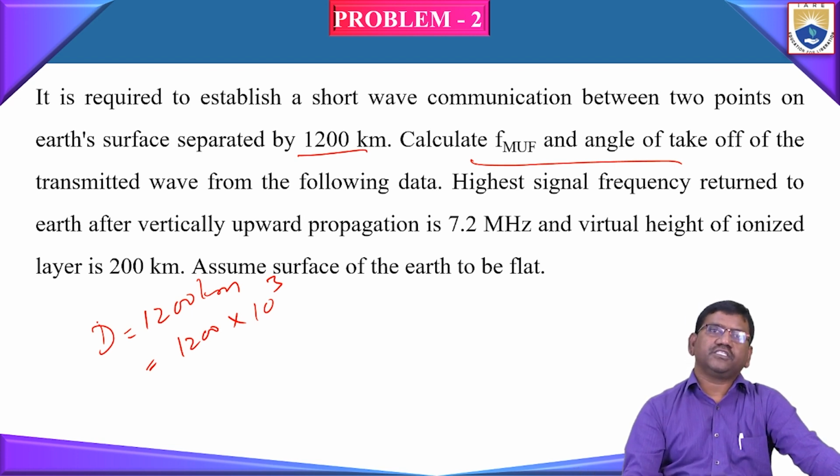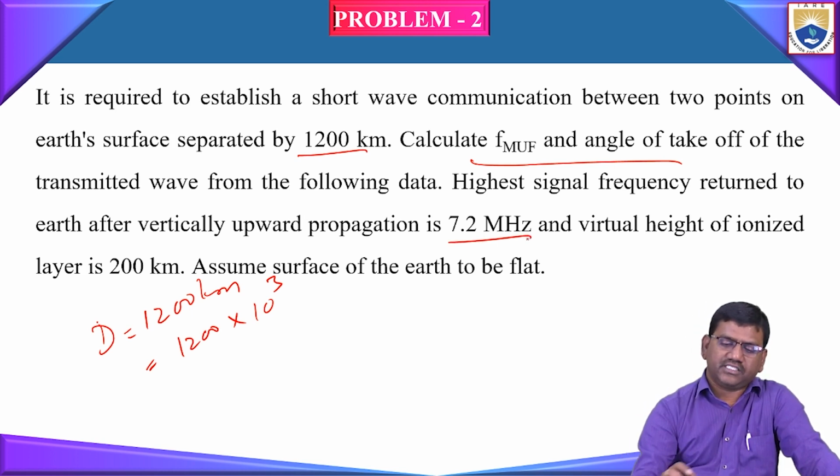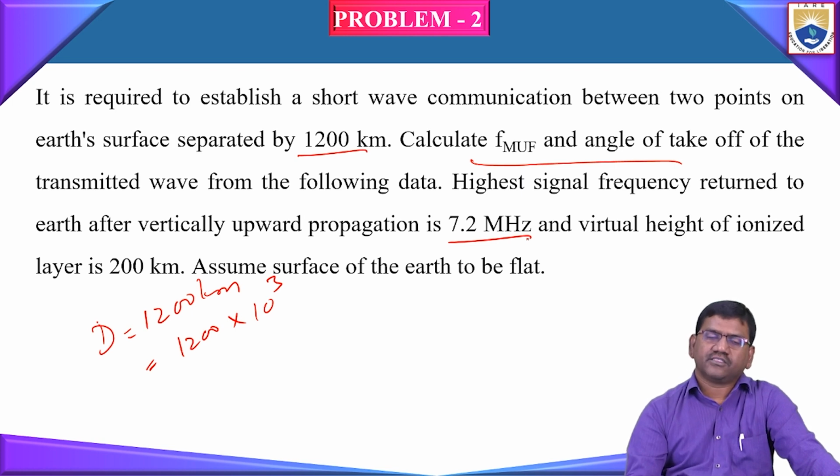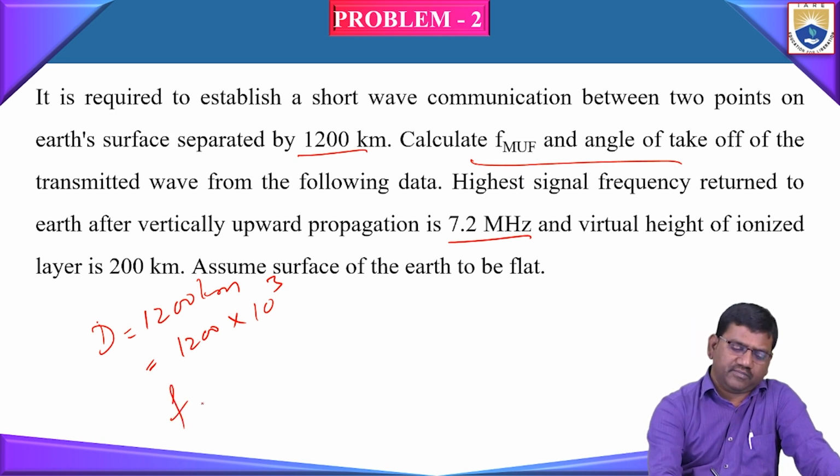According to the definition, the highest frequency at which a wave is returned to the Earth at vertical incidence is the critical frequency. Here the highest frequency is given as 7.2 MHz, so the 7.2 is nothing but the critical frequency.